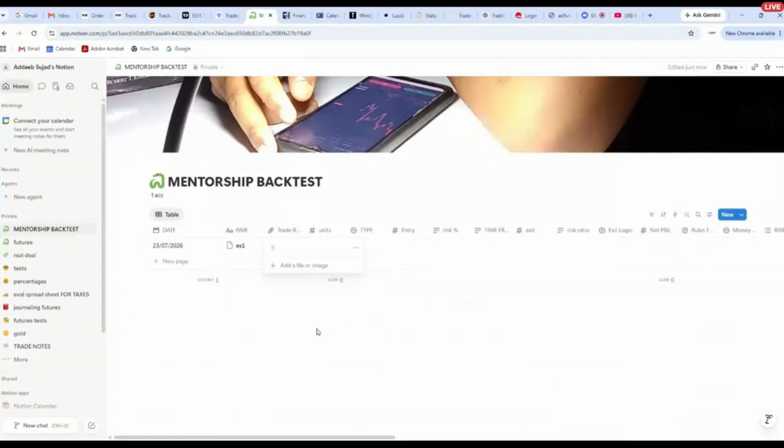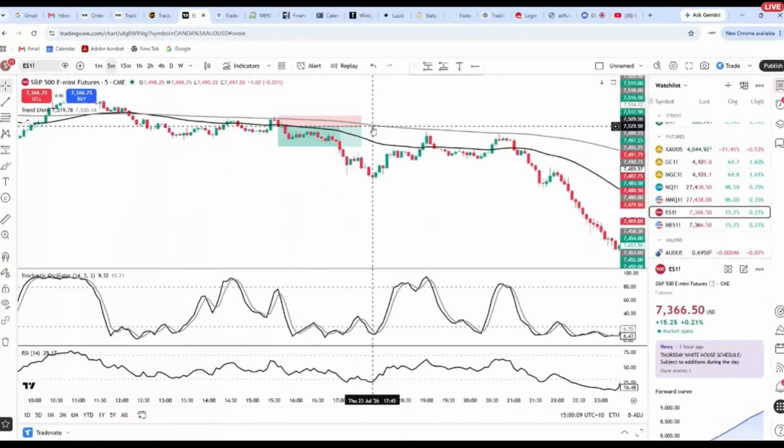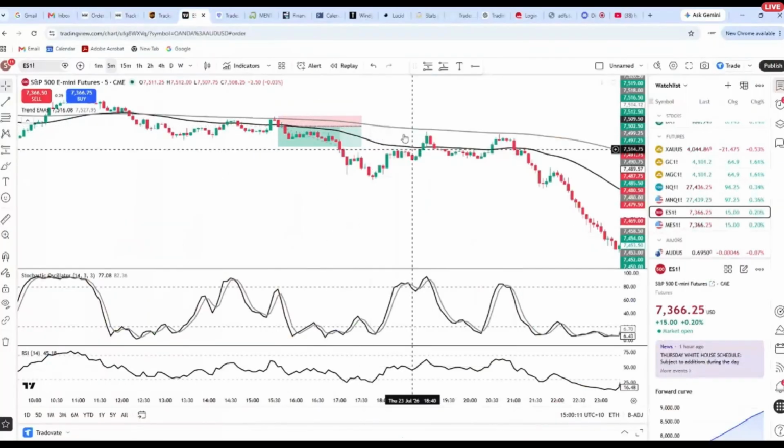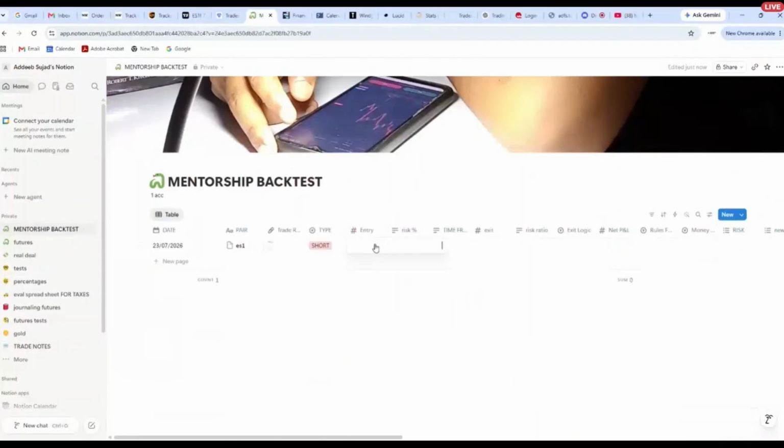For the sake of this, there's really no units because we're not using any real money. We technically don't need this, so we'll delete it. And the type was a short. And the entry, we just go back here, copy the price, and put it in.